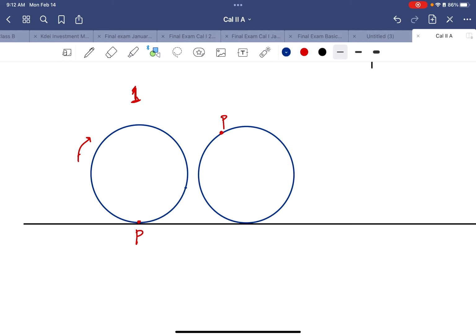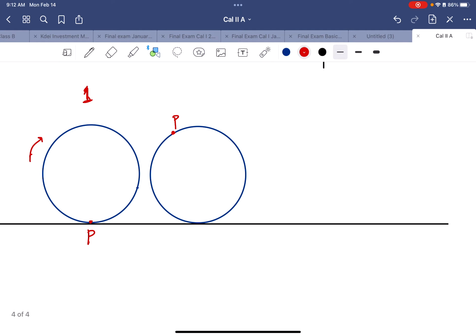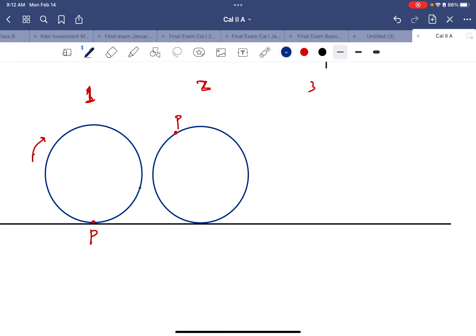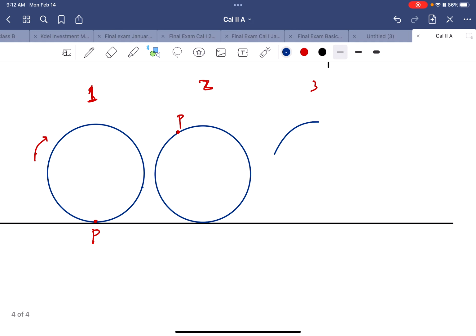And you have another scenario after 2, and a third scenario, let's say maybe around here.